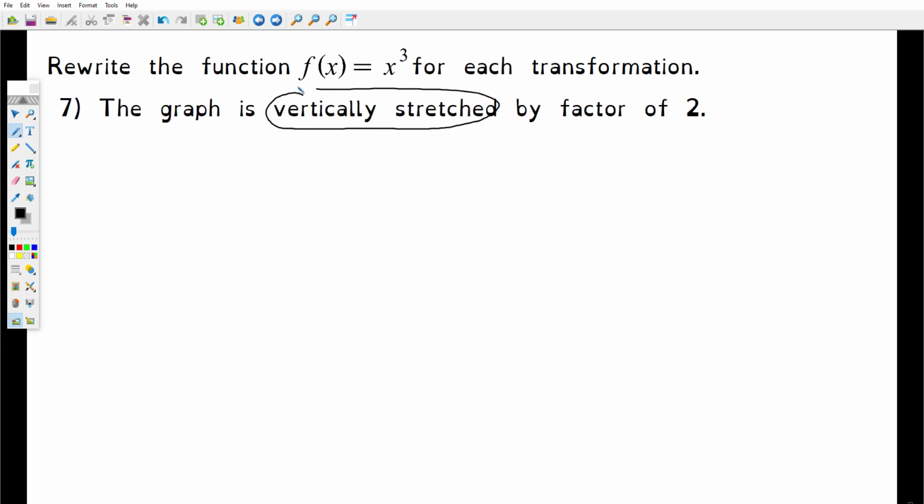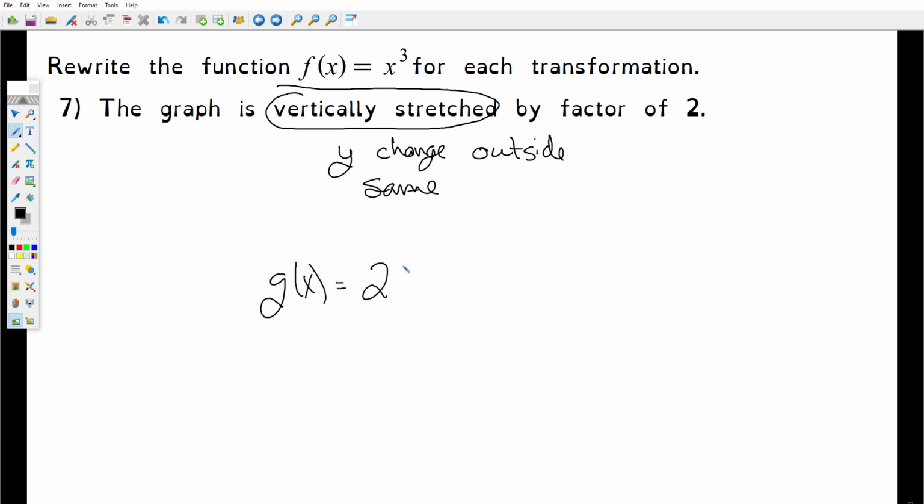Vertically stretched is a y change, so therefore outside, and it will behave the same. That means outside of the parentheses. g of x is equal to 2. Because it needs to be outside, I don't have to worry about parentheses.